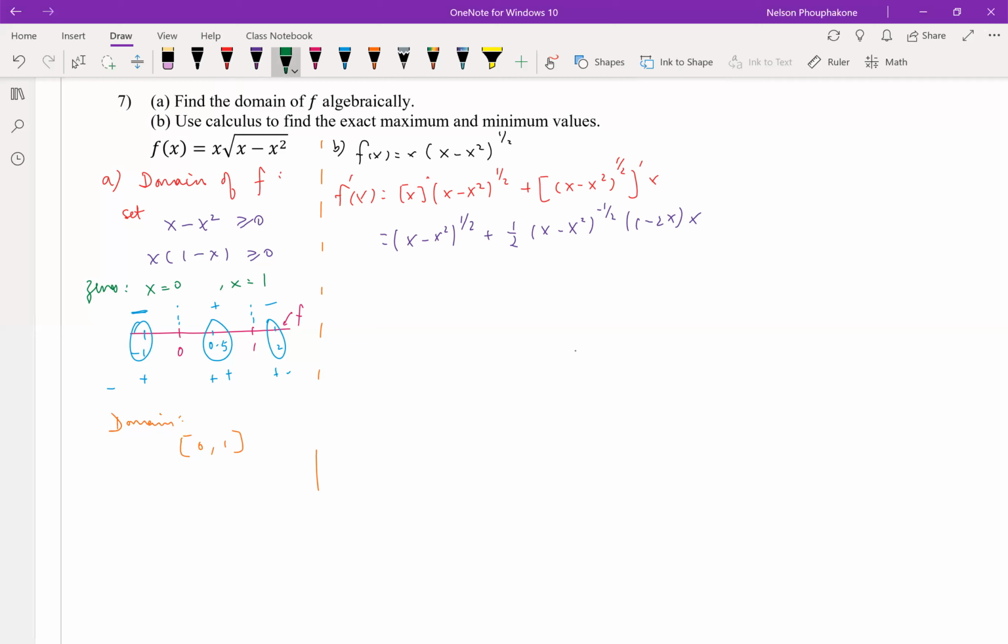Maybe let us find the common factor. I will take out 1/2 x minus x squared to the negative 1/2, and then I take out 1/2, so I will have x times 1 minus 2x.